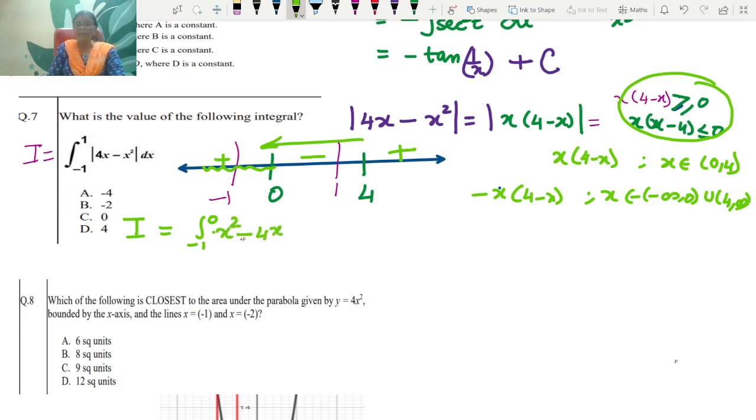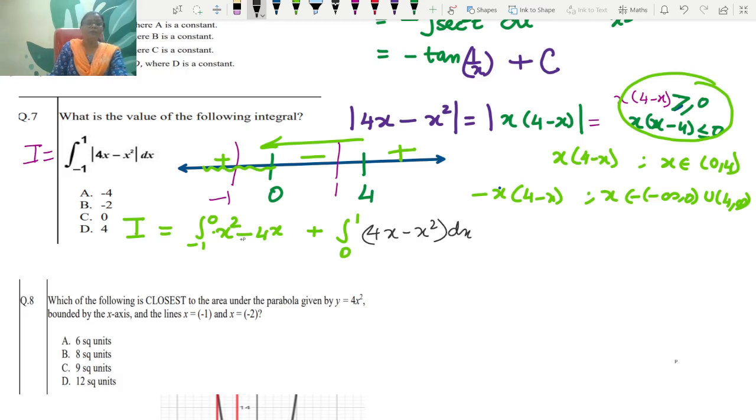Plus this is from 0 to 1, sorry, it is 0 to 1, where it is x times 4 minus x, so that is 4x minus x square dx.